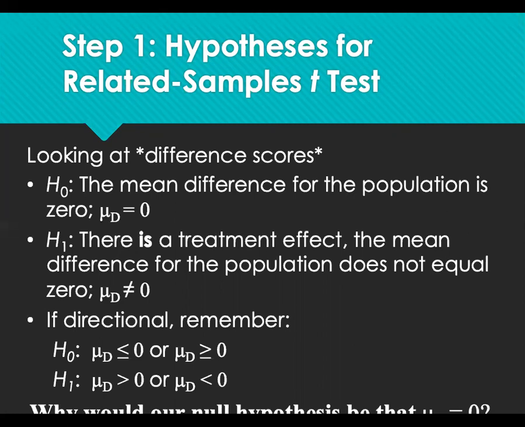And remember that if your hypothesis is directional, for the null and the alternative, you would use less than or equal to and greater than or equal to, rather than just the mean difference equals 0 or does not equal 0, right? And that should just be review from the other t-tests that we've done.